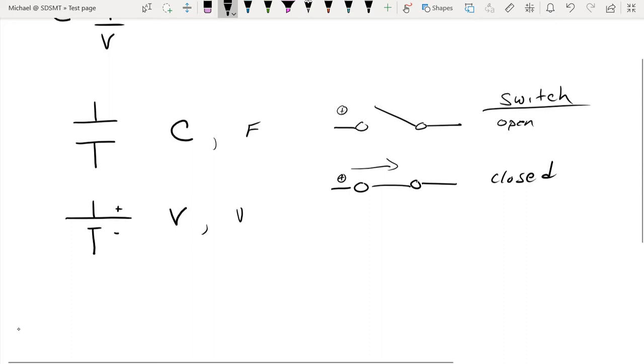Otherwise, if the switch is opened, we don't have a path that the charge can follow. And these switches, as we open or close them, by either allowing or denying the charge that path of motion in the circuit, can cause a lot of changes in the way that we represent the math for that circuit.